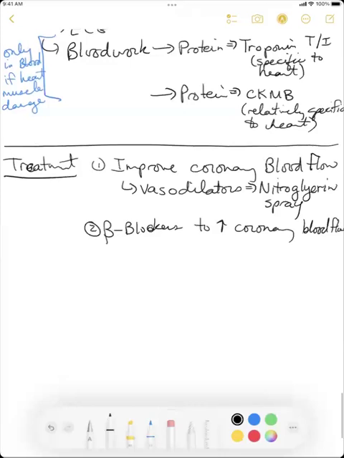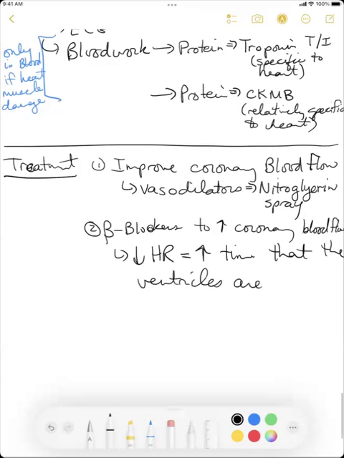Decreased heart rate equals increased time that the ventricles are in diastole, and this means increased time for coronary filling.